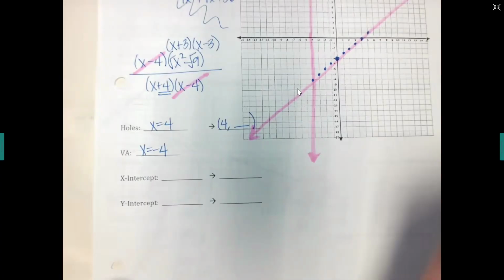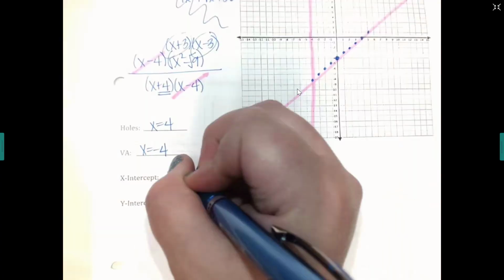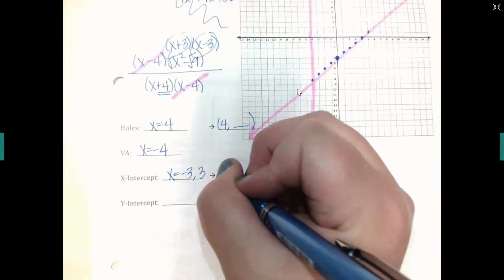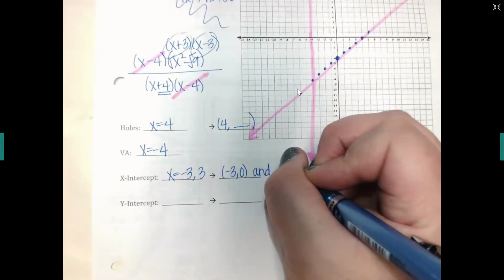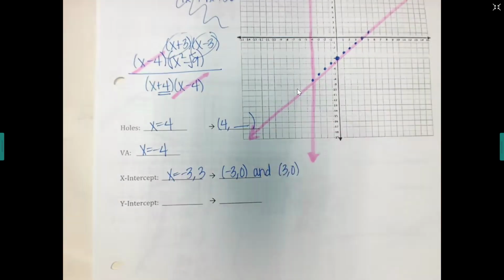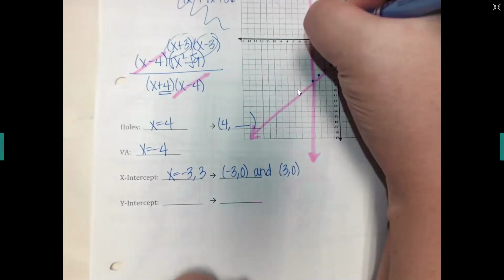Yes, I have a plus and a minus 3. So I need to cross the x-axis at -3, 0 and +3, 0. Remember, the y values for the x-intercepts are always 0 because you're on the x-axis. Go ahead and draw those onto your picture. -3 is here, +3 is here.